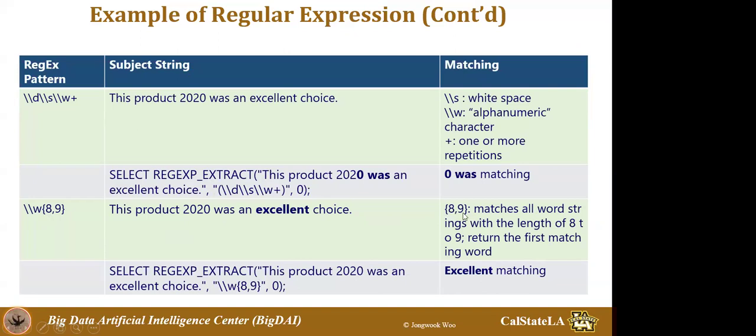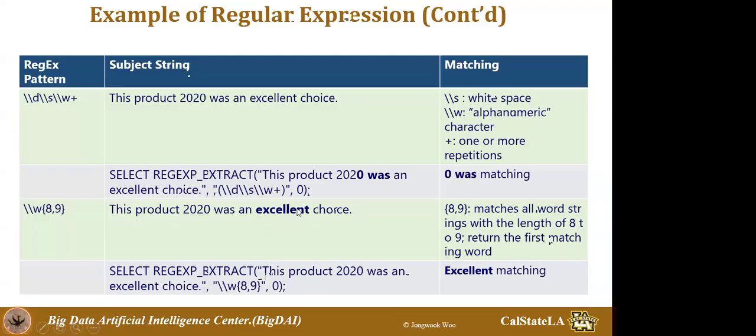It means whenever you have a certain number within curly bracket, separated by comma, especially for alphanumeric character, you want to find out the word that has the length of 8 to 9. So it returns first matching word that should be alphanumeric, but the length of that word should be 8 to 9. I mean, number of characters should be between 8 to 9.